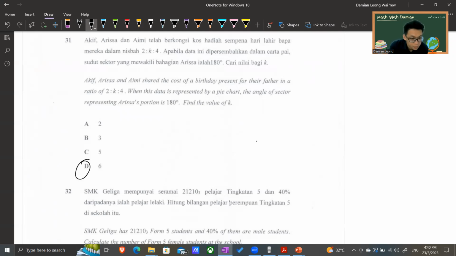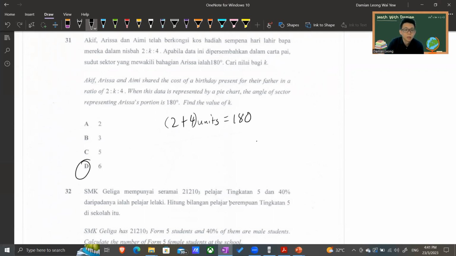Okay, answer D. If you find it confusing, what you can also do is, if here is 180, the other part also 180. 2 plus 4 units is 180.